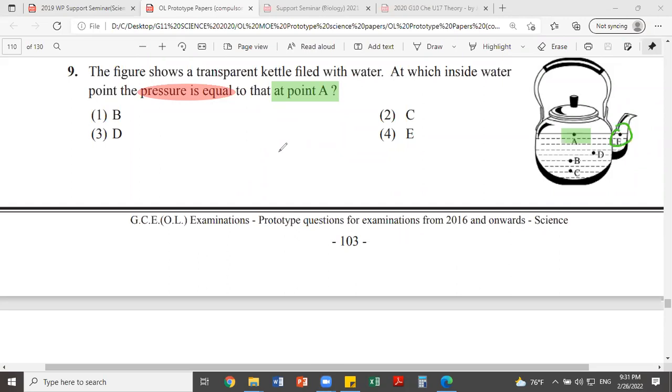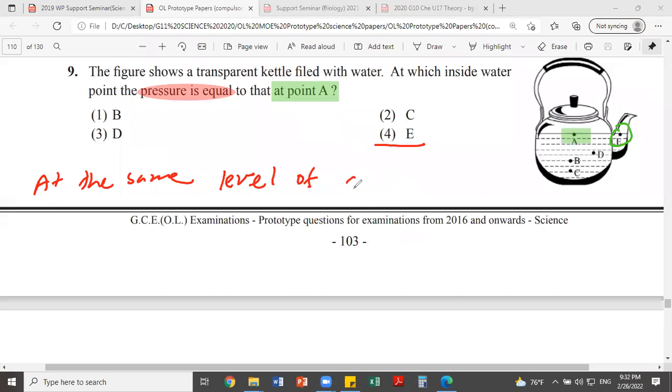Can you write that also? So the answer will be capital E. Write the reason. At the same level of the same liquid, the pressure is equal. Same level of the same liquid, not different liquid.